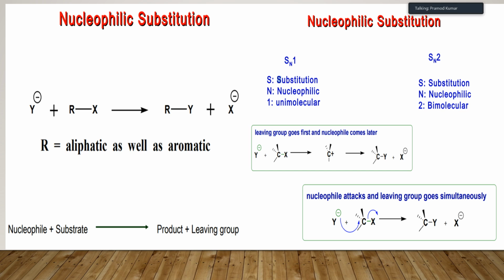Now let's go for the types of nucleophilic substitution reaction. There are SN1 and SN2 types of reaction.